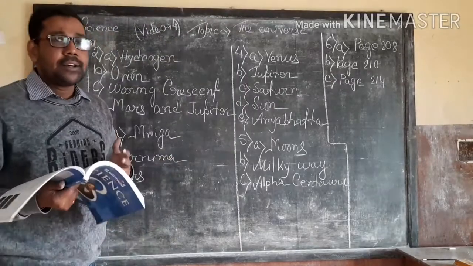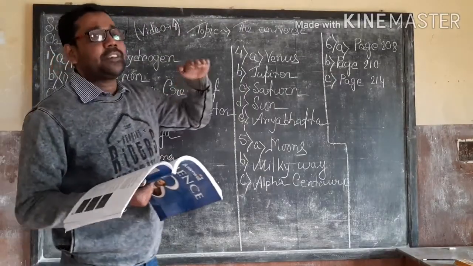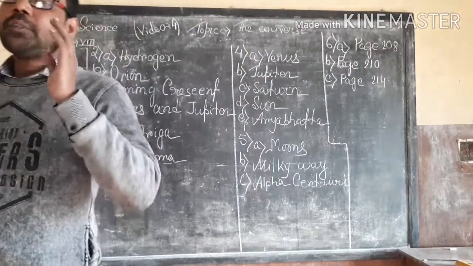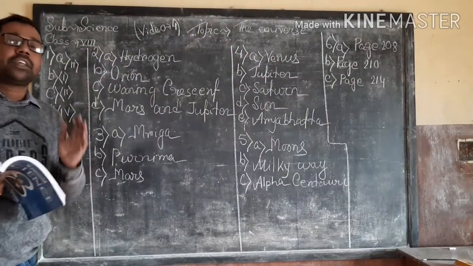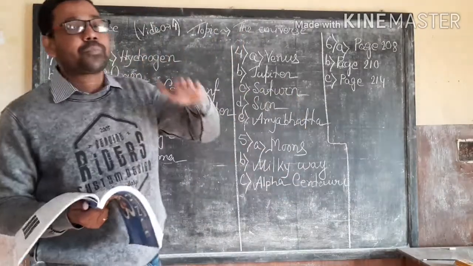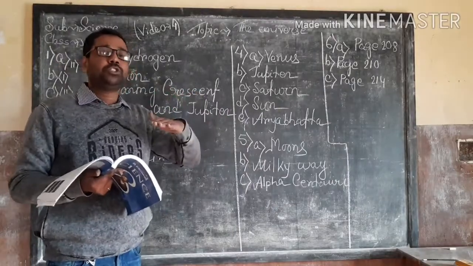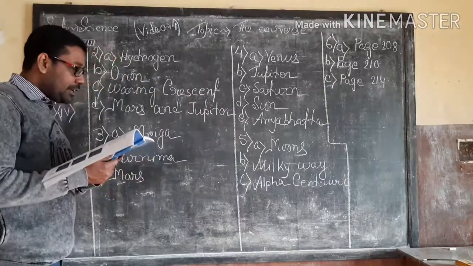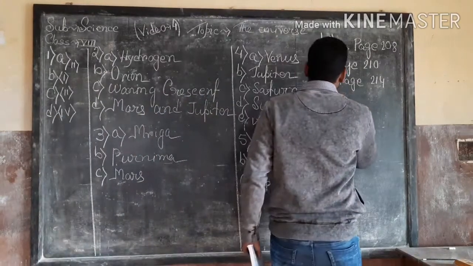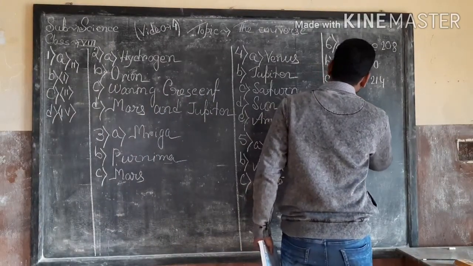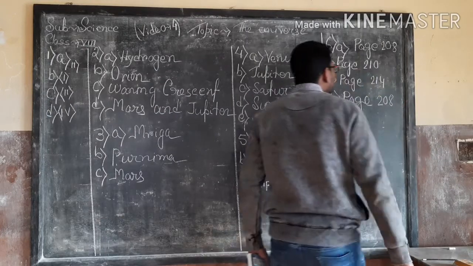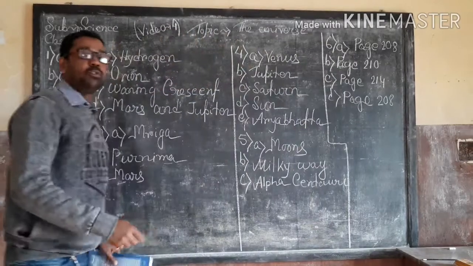So why is this star always in a stationary position? Because its position is in the line of the Earth's axis, it belongs to the same position. This is present on page 208 under the subheading Pole Star.